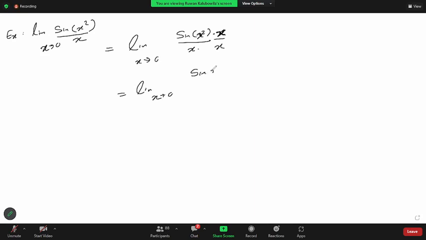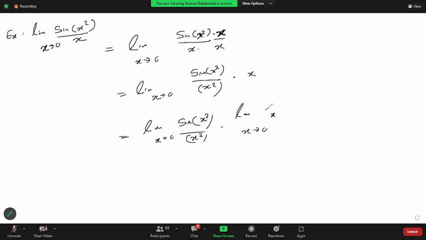Now you have sine x squared over x squared, and we have an x term outside. Then we can separate the limit operation: limit of sine x squared over x squared, times the limit of x when x approaches 0.